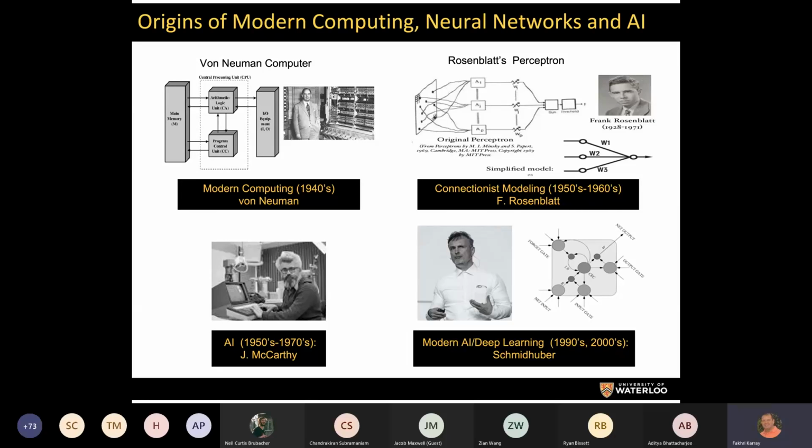Then came Rosenblatt's perceptron in the 1950s and 1960s, who is basically the father of what we call neural network systems. He developed the first successful perceptron system, which is a completely different architecture from the von Neumann computer.